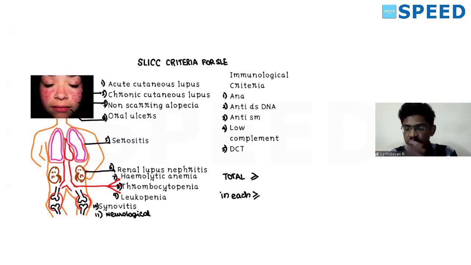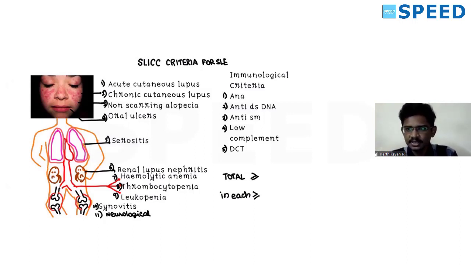So we have seen this in the clinical criteria itself: hemolytic anemia as one of the clinical criteria. So DCT, direct Coombs test, will be positive. Okay. So how many things do you need among the clinical criteria and among the immunological criteria for diagnosing SLE? In total, there are 11 clinical and 5 immunological, so total 16.